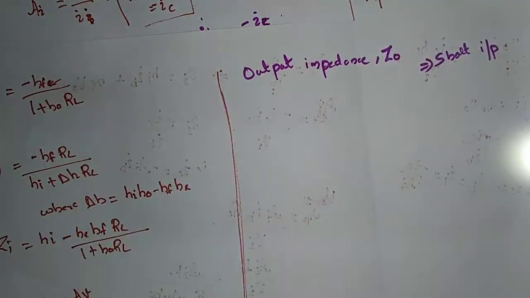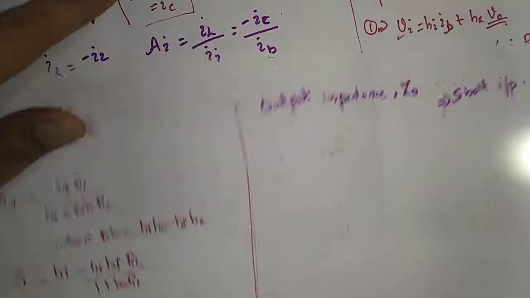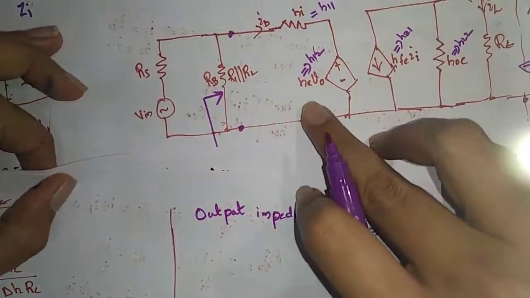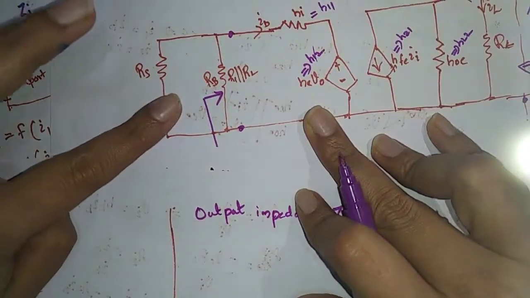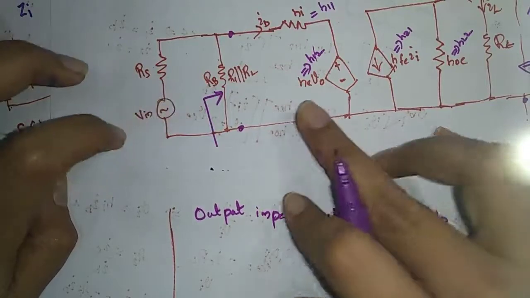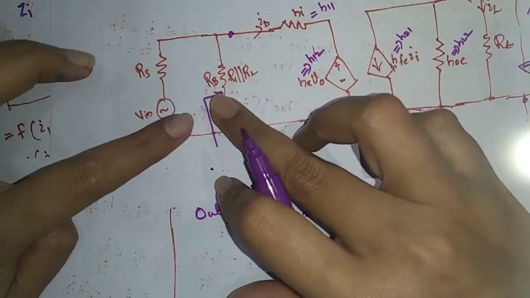If I am short circuiting the input, that is Vs, then I can redraw my input circuit. This was my input circuit. If I am short circuiting this, then we have to look from here, isn't it?